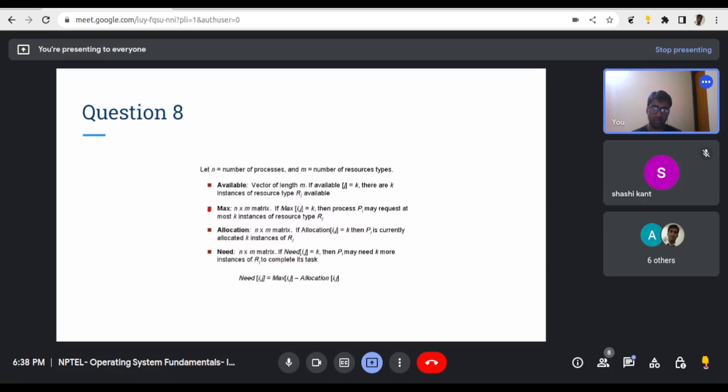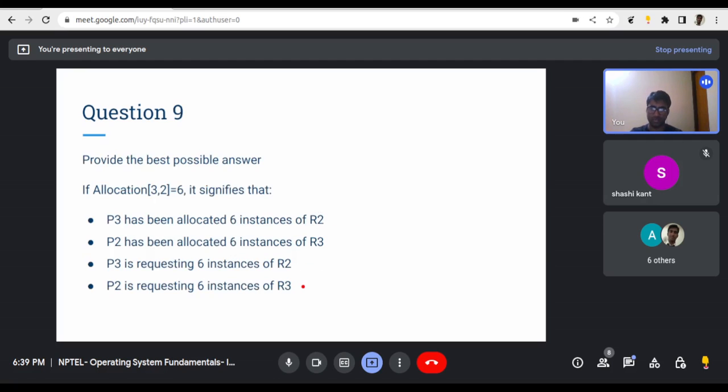And allocation means how many instances of resource type Rj are already allocated to Pi. In equation form, need of i,j equals max of i,j minus allocation of i,j. So need can exceed allocation, but it will never exceed max, as can be seen from the equation.